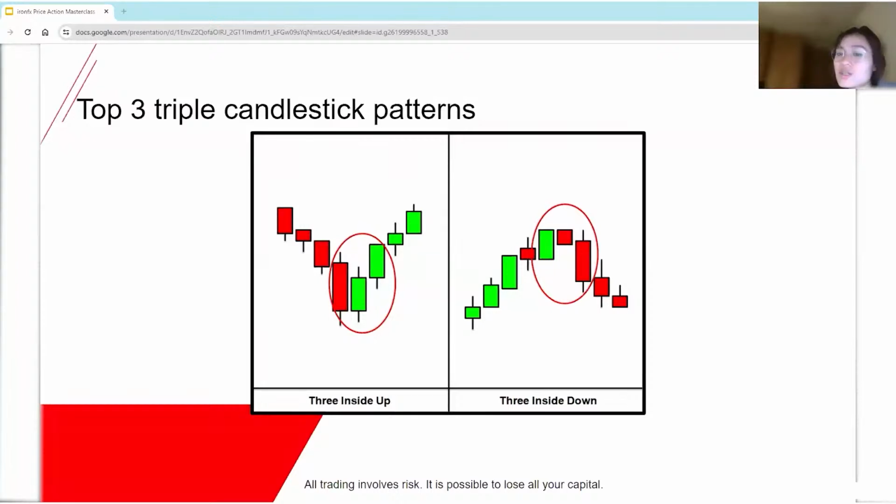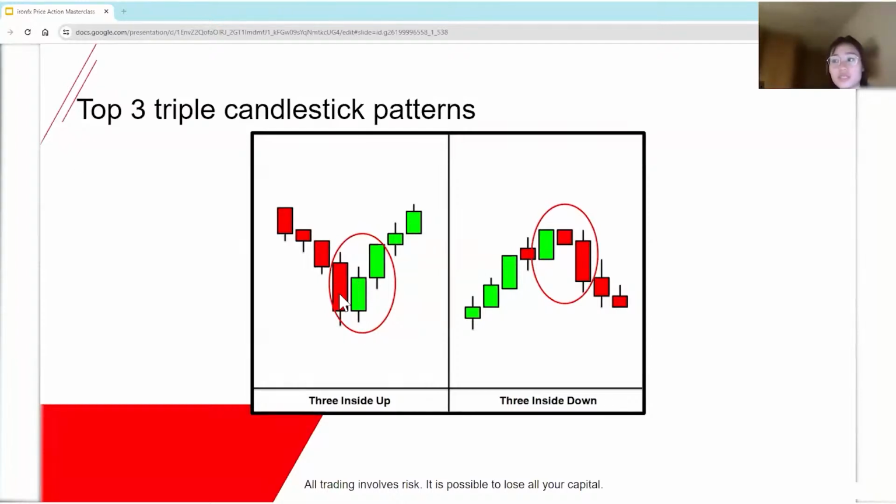Okay, so again, these are indicators of potential market reversals. That's why for our inside up, we can see a downtrend reversing up into an uptrend. For a three inside down, we see an uptrend turning into a downtrend. So for three inside up, we would see a first candle giving us a long bearish candle, indicating a strong downtrend, and then followed by a smaller bullish candle that is completely contained within the body of that first candlestick.